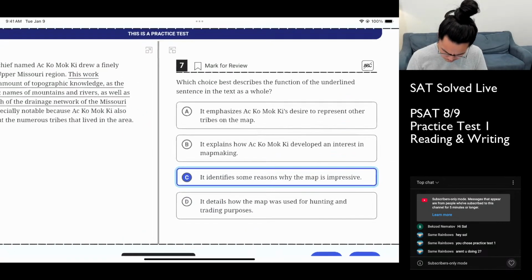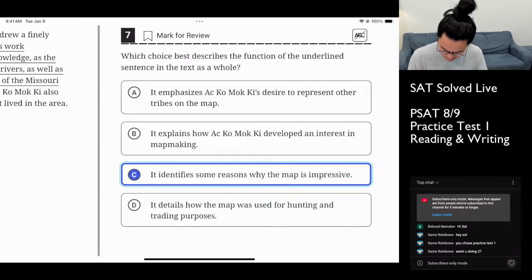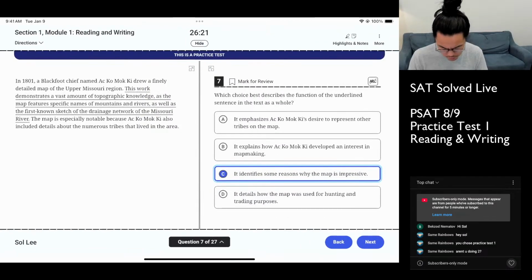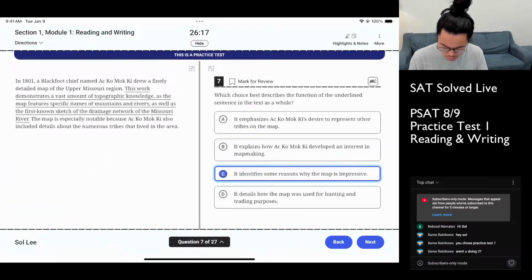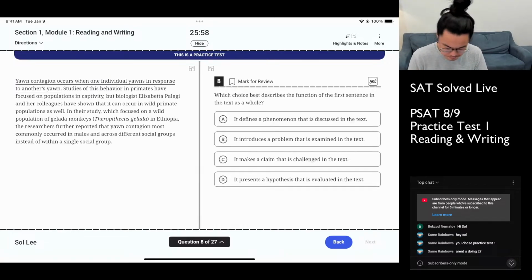So it's kind of poorly... Okay, but it's not D. It's not B. It's not A. So I have a mild disagreement with that word reasons. I don't like the reasons because I thought demonstrates a vast amount of topographic knowledge. Singular is a single region, and the other two are just examples of that, or just support for that reason. I think that's sloppily written.